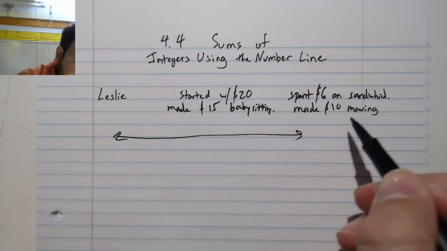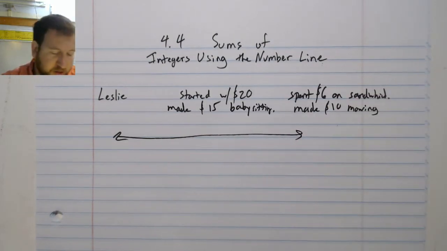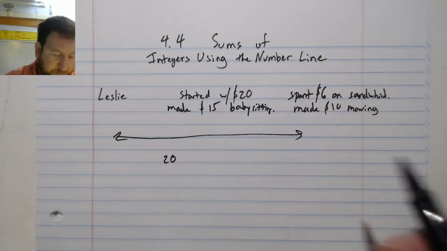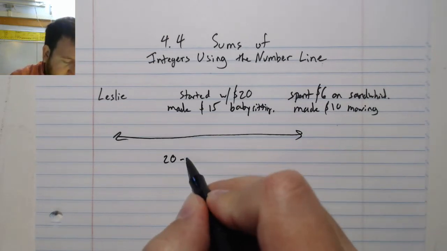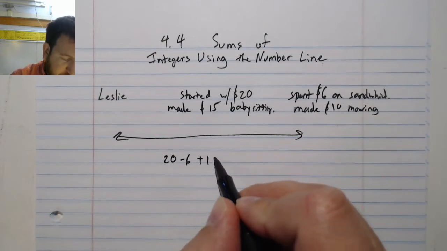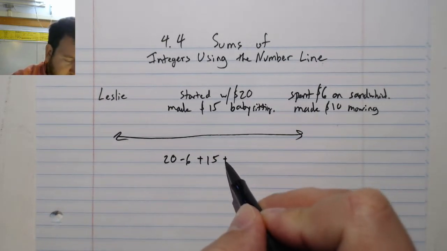So for this setup, how I would write this as an expression is I would say we started with 20, so I know that I've got that. Then we spent $6, so if we're spending money, we're losing money. We made $15 babysitting, plus 15, and made $10 more mowing, right?